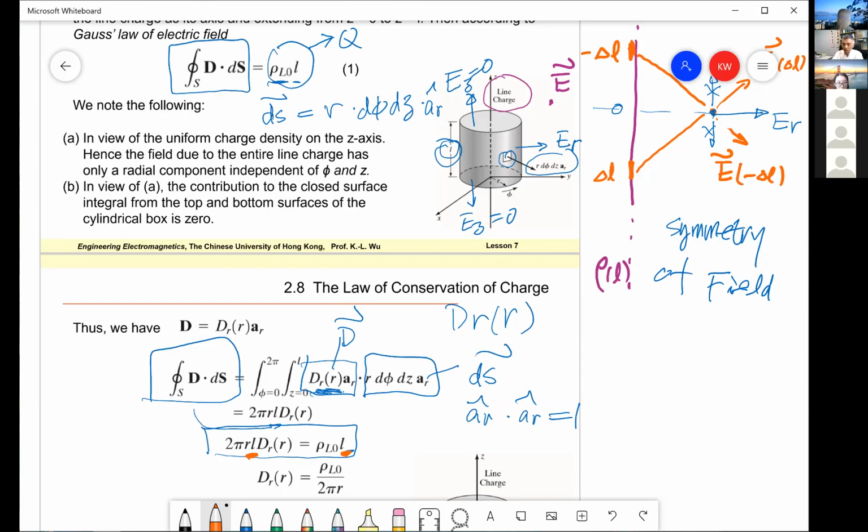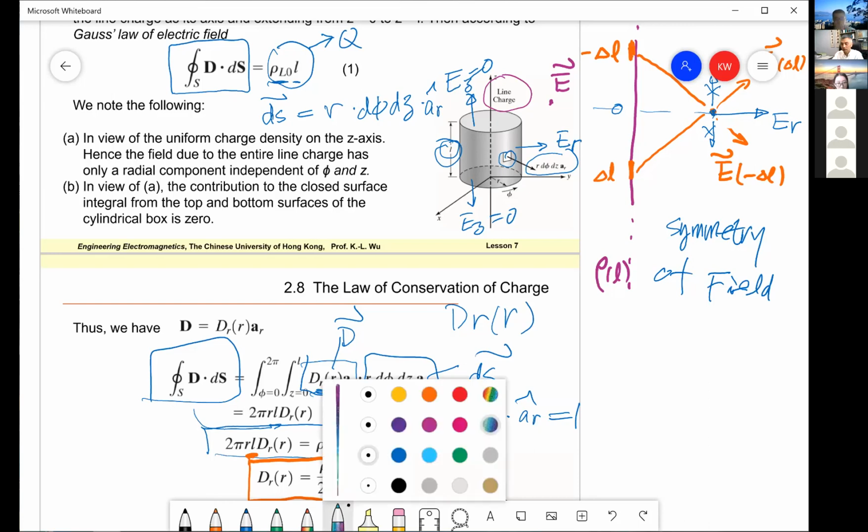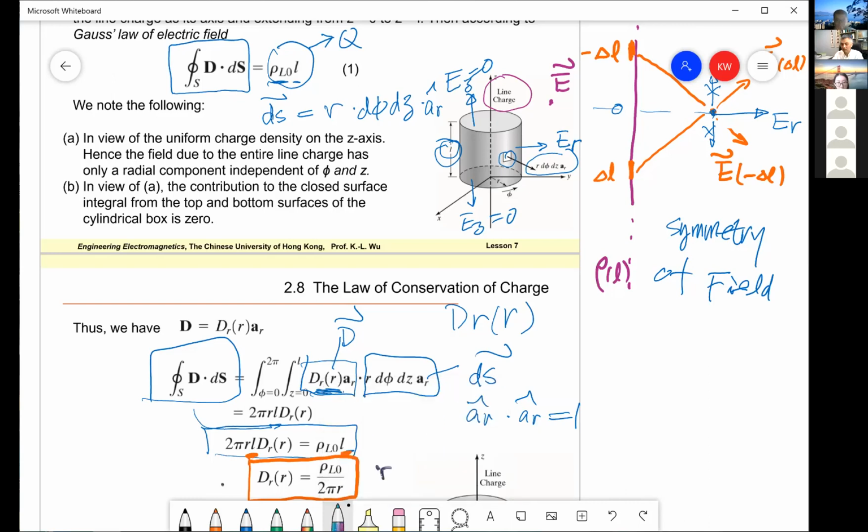Then our result is that the D, R component, only depends on the distance R.